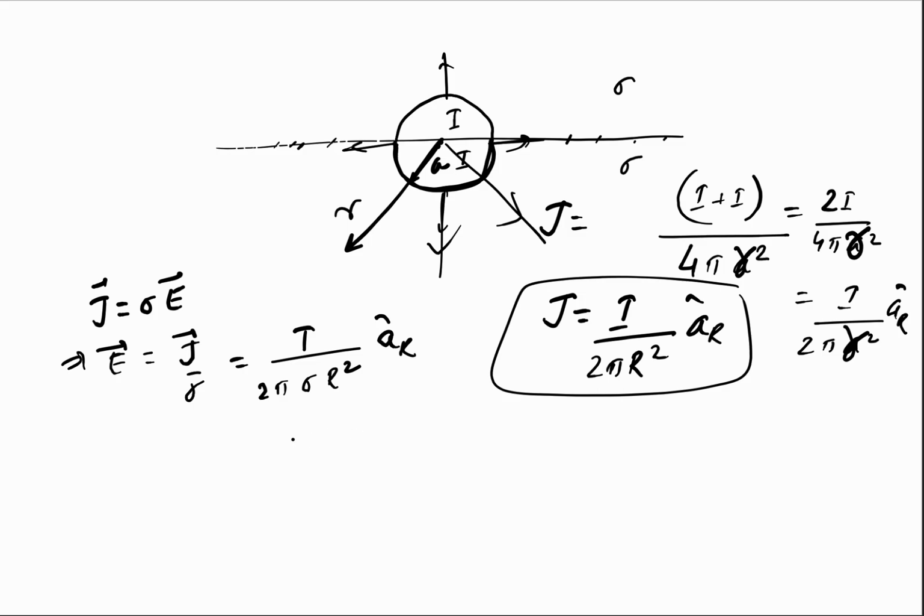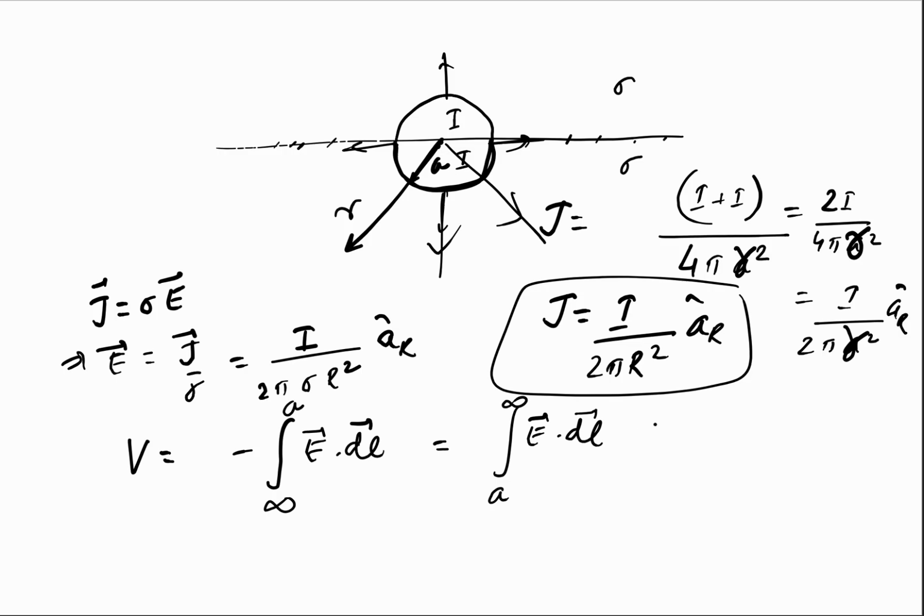So if this is the field, then the potential of the electrode will be V equal to minus the integral of E dot dl from infinity to the electrode surface, or it will be the integral of E dot dl, changing the limits and taking the minus sign into the limits.